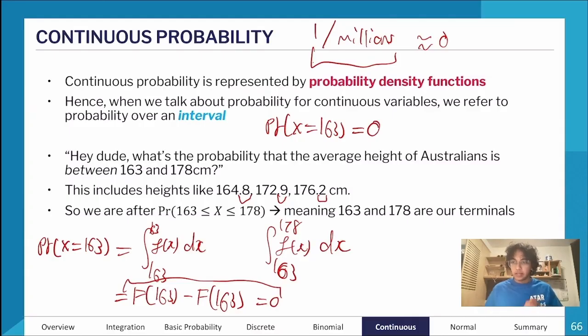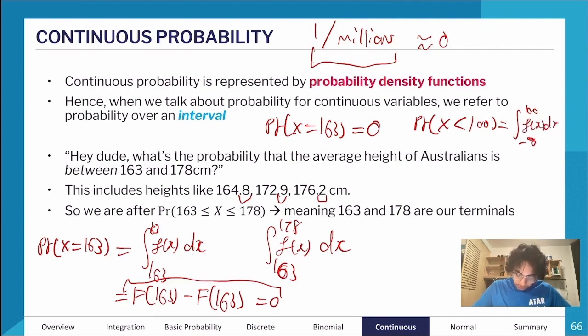What's the probability that this ball has a speed between these two values, or less than this, or greater than this? If they ask you, what's the probability of x is less than 100, you would do an integral with an upper bound of 100, from negative infinity to 100, right?